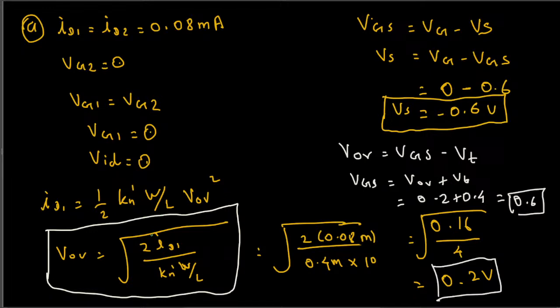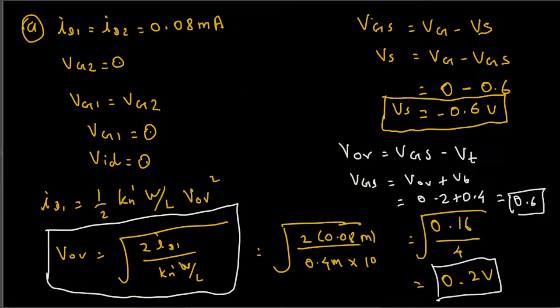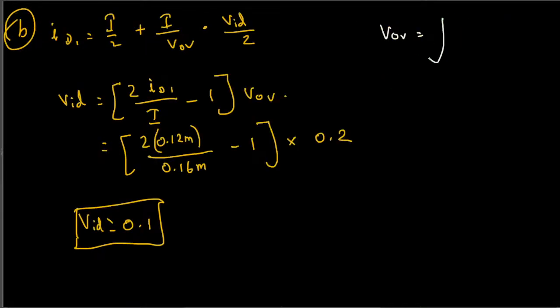If you rearrange this in terms of V overdrive, you get V overdrive equal to the square root of 2 ID1 divided by Kn prime W over L. And why this is good is because V overdrive is nothing but VGS minus V threshold.